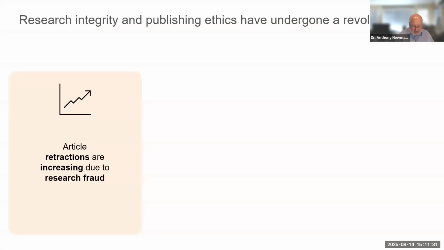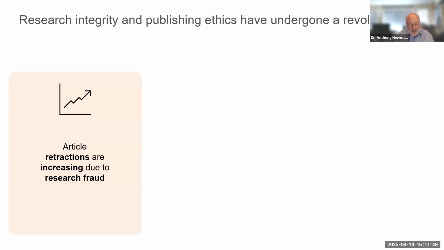Looking at publication ethics, publishing houses have had to do a tremendous amount in the last 15, 20 years because there's been so much more increase in research fraud and, in effect, publication fraud.